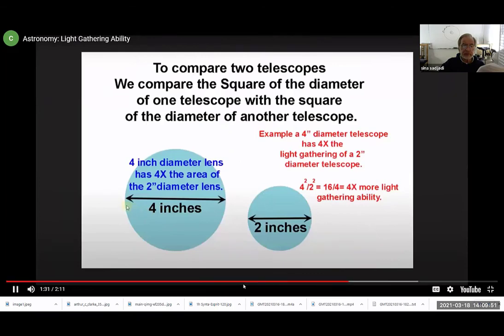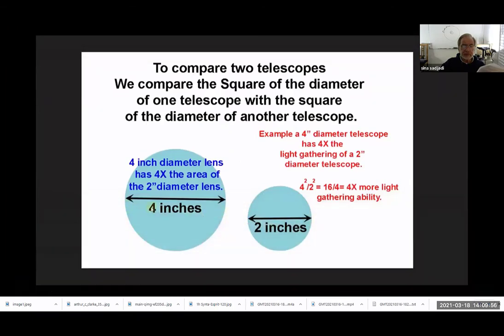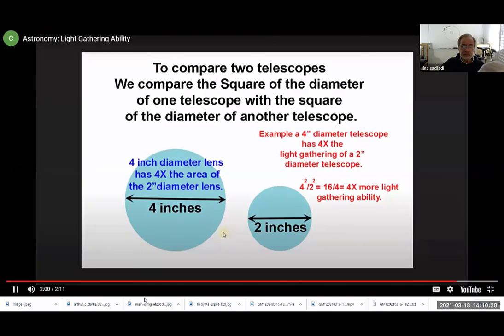So if we compare a 4-inch lens versus a 2-inch lens, we can take the diameter of the 4 to the power of 2, divided by the diameter of the 2-inch lens to the power of 2. In this case, we're going to have 16 over 4, or 4 times more light gathering ability. So a 4-inch lens has 4 times the area of a 2-inch lens. Therefore, it can gather 4 times more light than a 2-inch lens. There you have it.